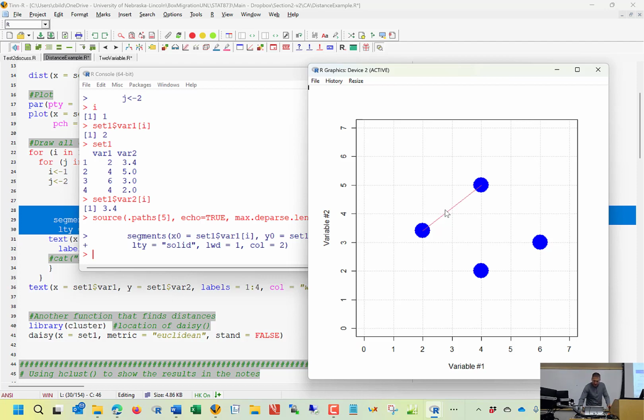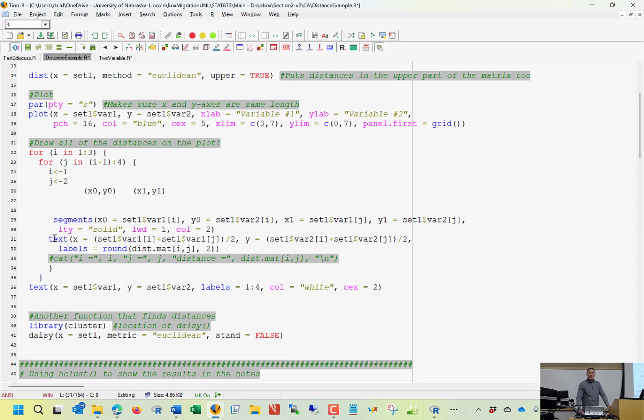Now I'd like to actually put in here what the actual numerical value of the distance is. I can do that using a function that we've seen before called text. Where do I want to plot the actual numerical value?